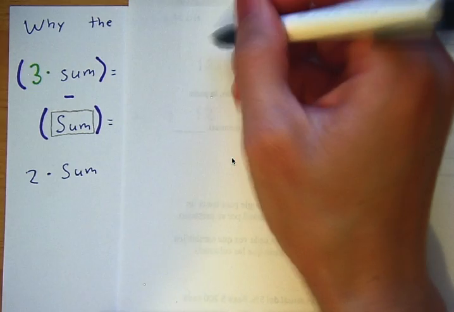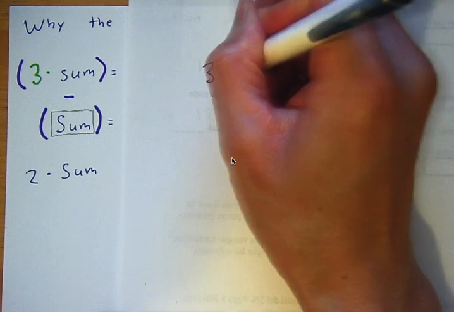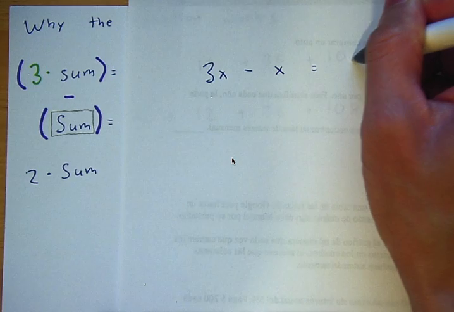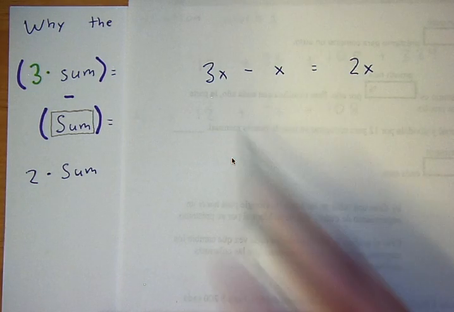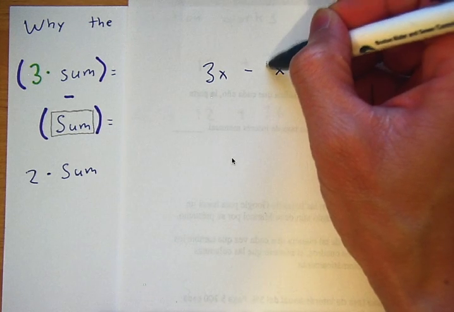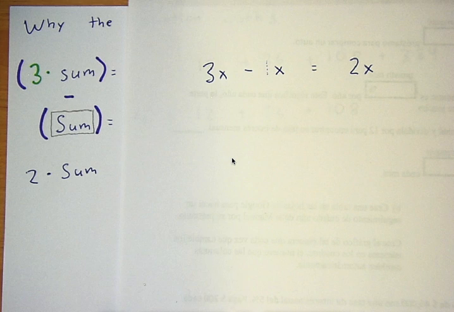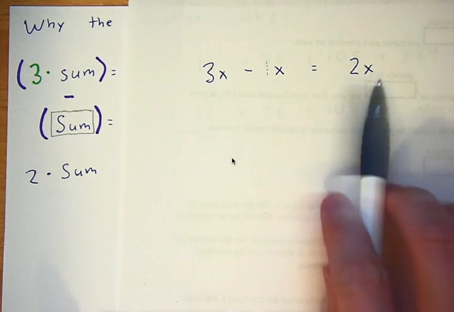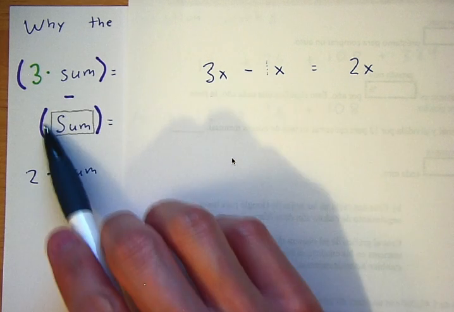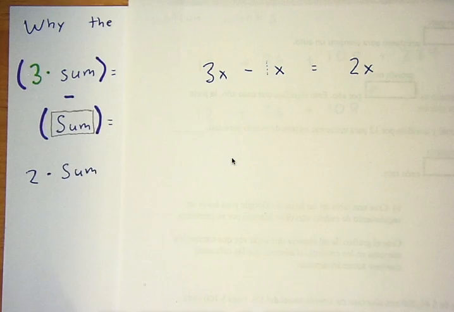Just like 3x minus x is equal to 2x. This is because there's an imaginary 1 here that people in math a lot of times just don't write. So 3x minus 1x is 2x. This is 3 sum minus, there's an imaginary 1 here. So 3 sum minus 1 sum equals 2 sum.